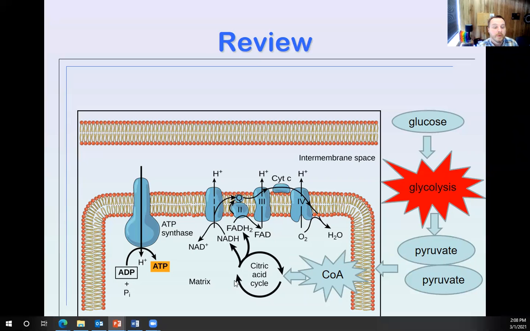So all the while we're harvesting energy, generating CO2, and then utilizing O2 to generate water, to take the high energy electrons off of the electron transport chain, the electrons that have been taken off of the glucose through the pyruvate into the citric acid cycle.